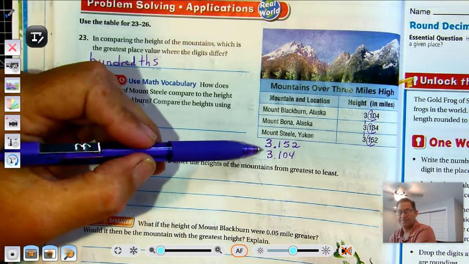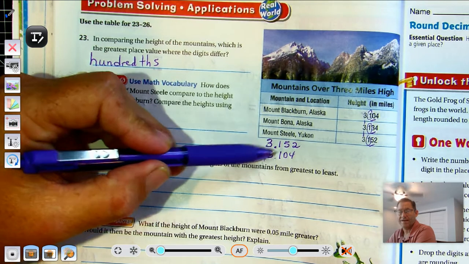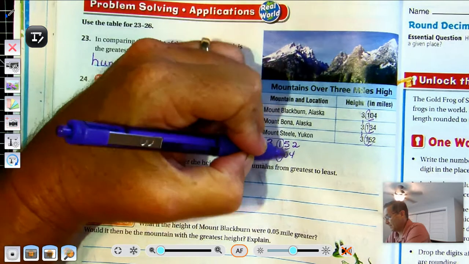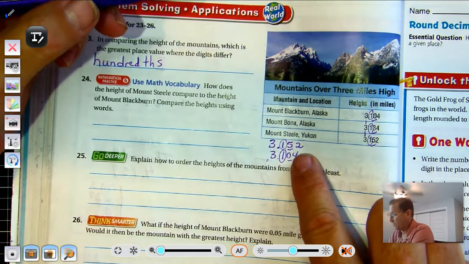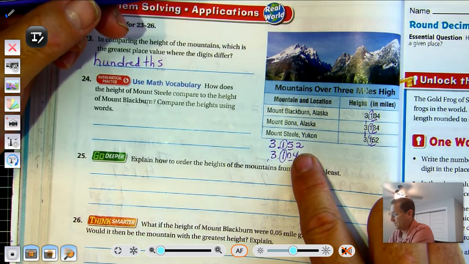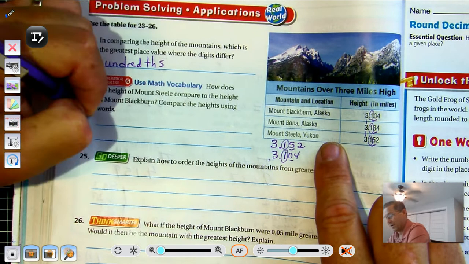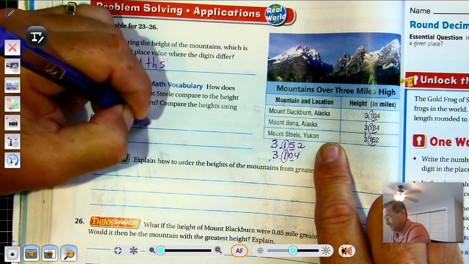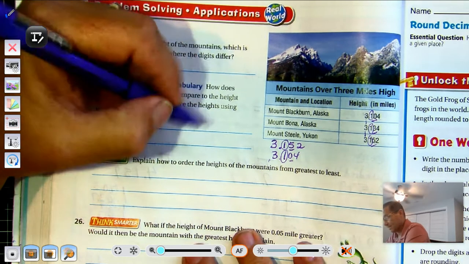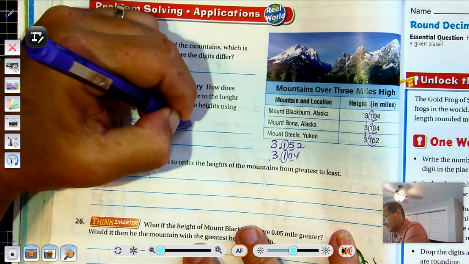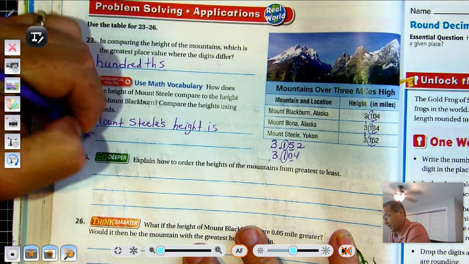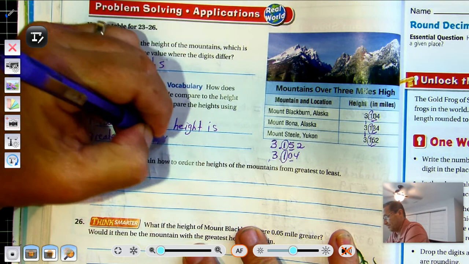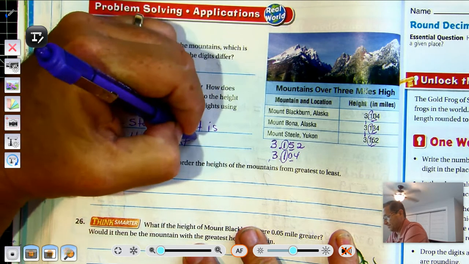Well, if we're comparing these, the ones are the same, the tenths are the same, the hundredths are different. So 3.152 is a bit larger. So Mount Steele's height is greater than Mount Blackburn's.